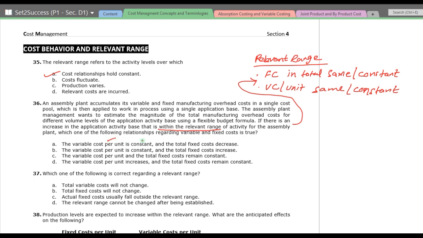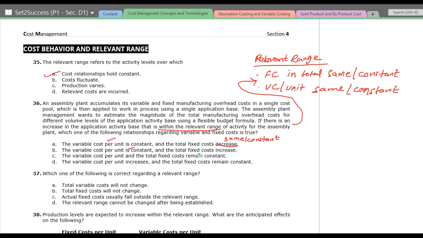This is true. And the total fixed cost decreases? Total fixed cost does not decrease, it remains the same or it is constant. The variable cost per unit is constant. This is true under the relevant range.